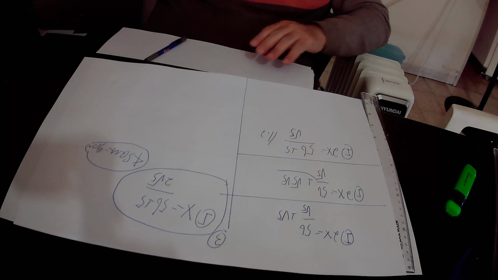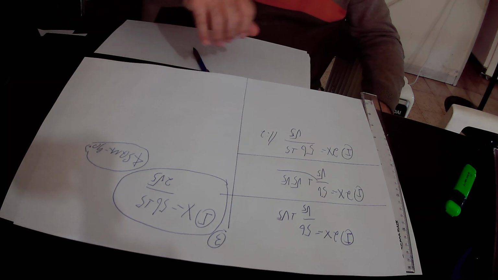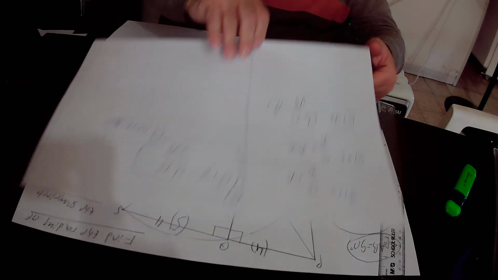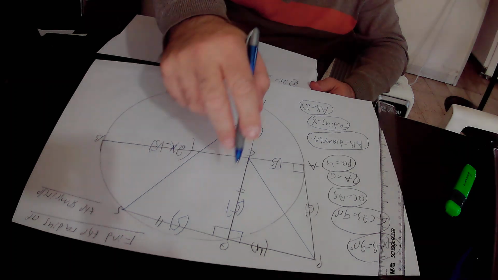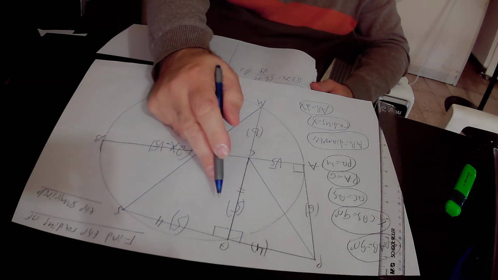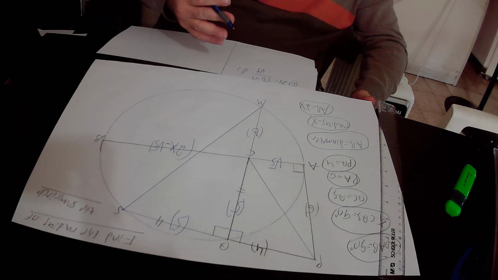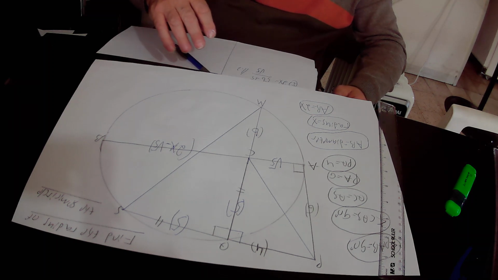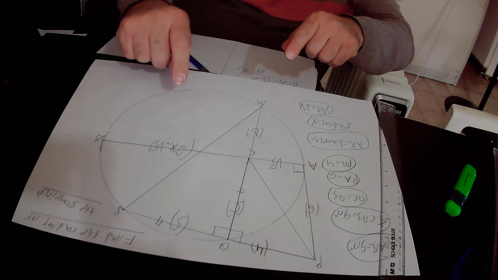So actually, we can implement rule number 5 in our drawing. Why? Because in our drawing, we have peripheral angle SQM equal to 90 degrees. Therefore, according to rule number 5, peripheral angle SQM must rest on the diameter of the circle.